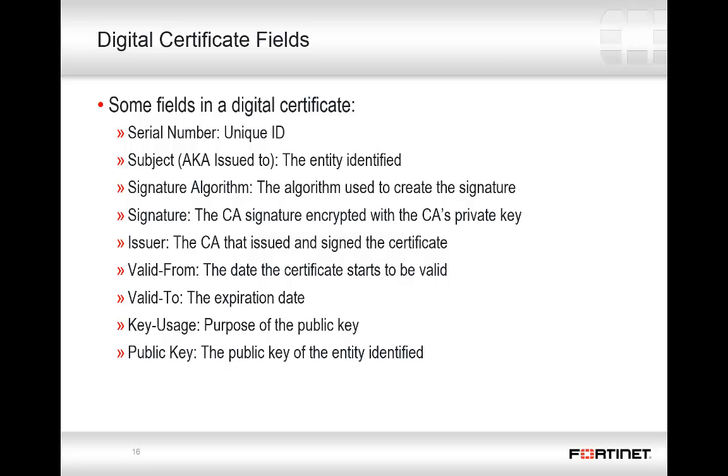In the case of a local service certificate, the subject contains either the fully qualified domain name or the IP address of the server. The signature of the CA is encrypted using the CA's private key. The issuer field is the name of the CA that signed the certificate. The valid from and valid to fields specify when the certificate is valid, including the expiration date.